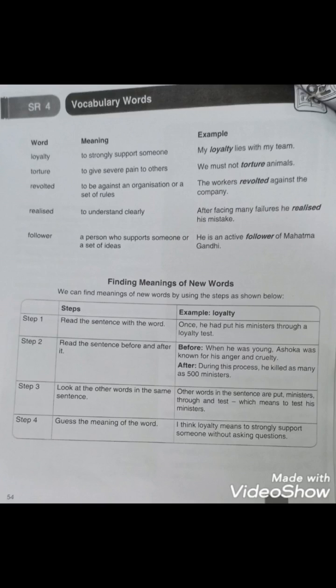Other words in the same sentence are put, ministers, through, and test, which means to test his ministers' loyalty. Finally, step 4. Guess the meaning of the word. I think loyalty means to strongly support someone without asking questions.